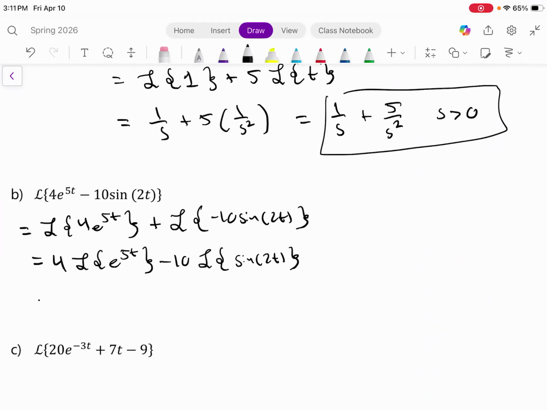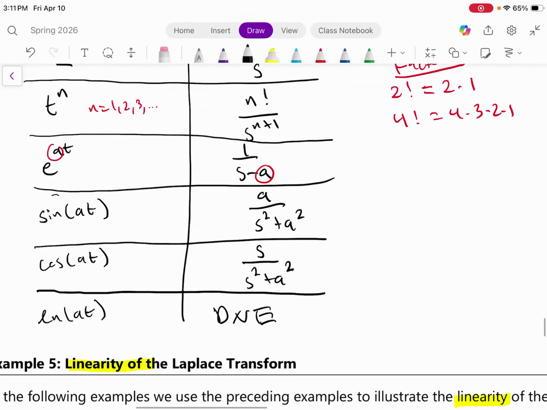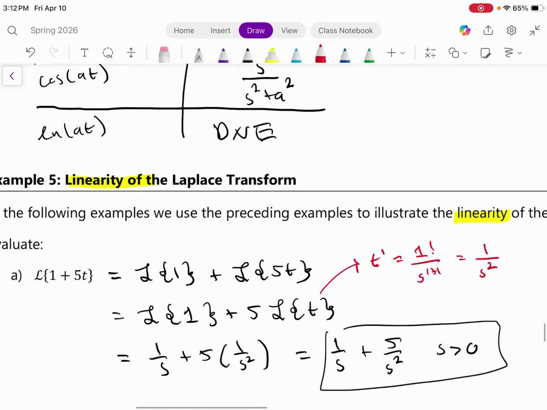So this would be 4 times 1 over s minus 5. And the Laplace of sine of 2t would be a over s squared plus a squared, so this would be 2 over s squared plus 2 squared.